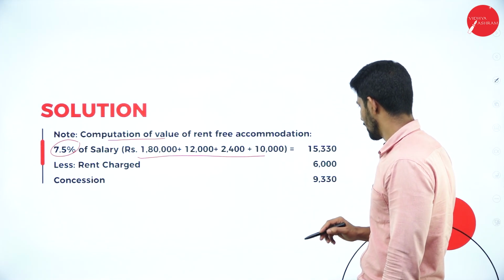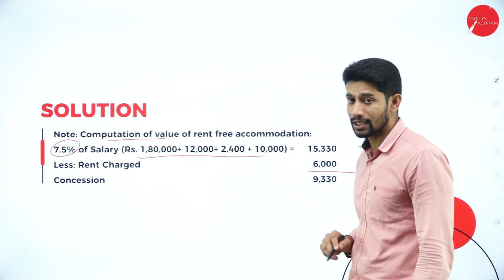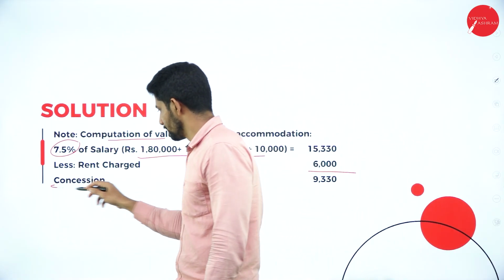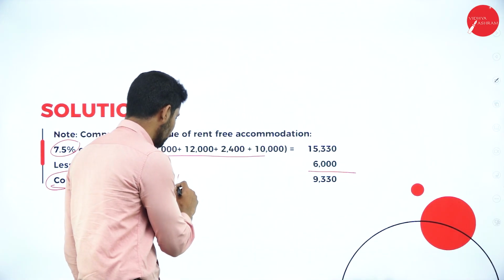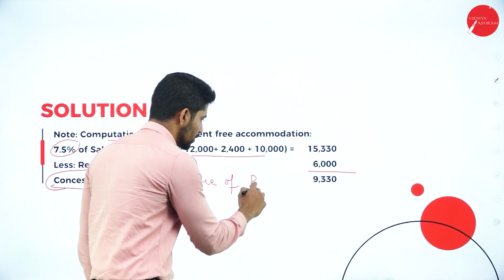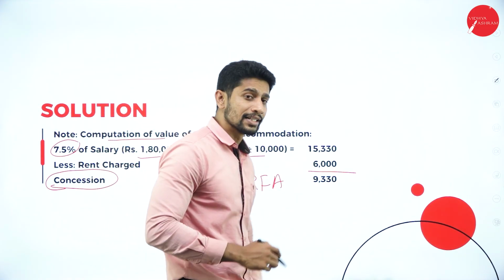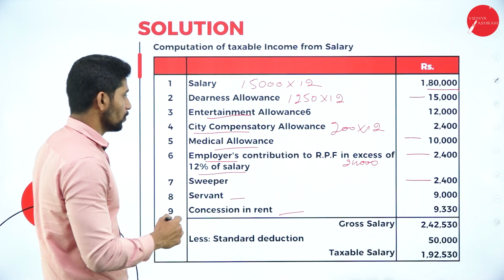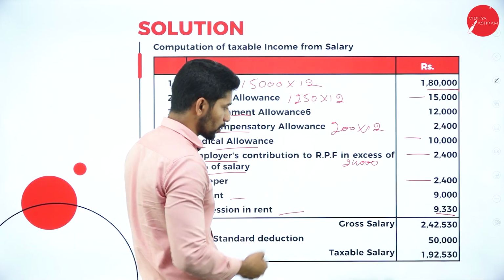So from 15,330, deduct 6,000, the balance is 9,330. That 9,330 is the concession, that is the value of rent-free accommodation, RFA. That is 9,330.